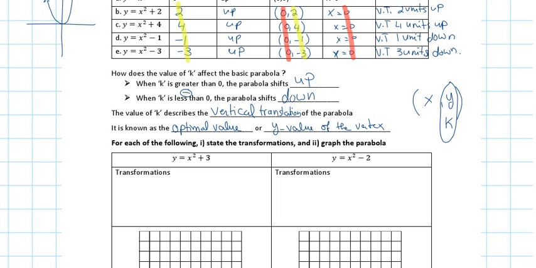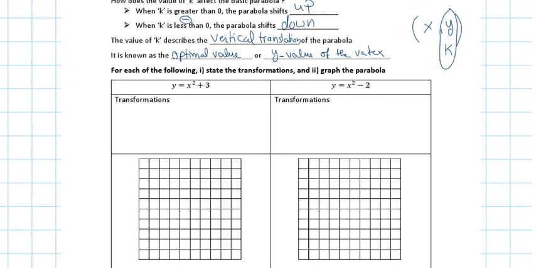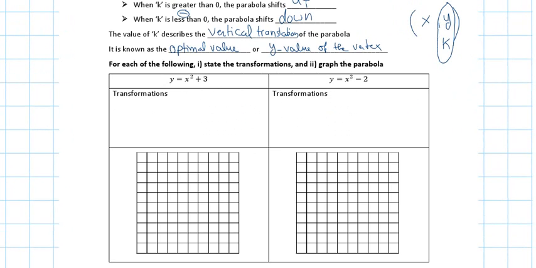So if I'm looking at this graph, it's asking you for each of the following, state the transformations and graph the parabola. Okay? So here are the steps that you have to follow. So I'm looking at this, y equals x squared plus 3. So if I'm looking at the transformation, where would my transformations be? So remember that my original is y equals x squared. What did I do to change it?